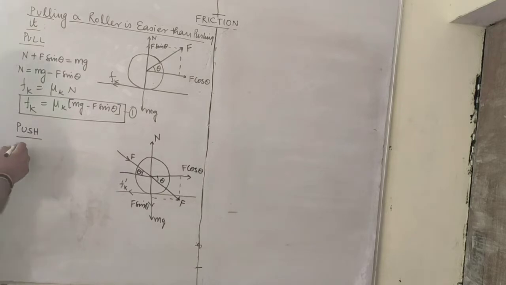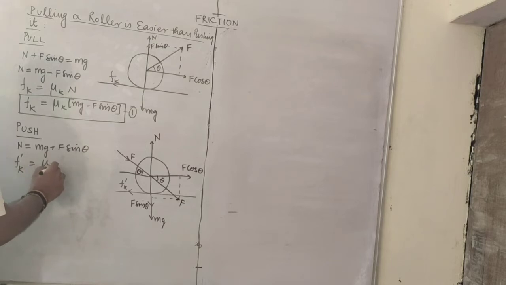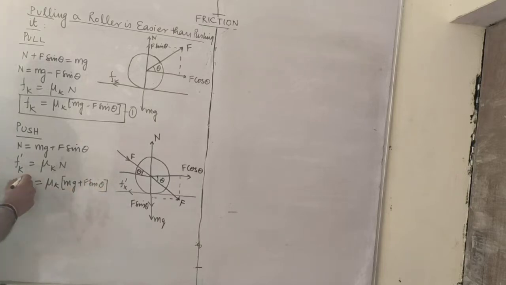Now here you can see N is equal to mg plus F sin theta, and Fk dash, now in case of pushing, is mu times N, so it is mu k (mg plus F sin theta). This is equation number 2.